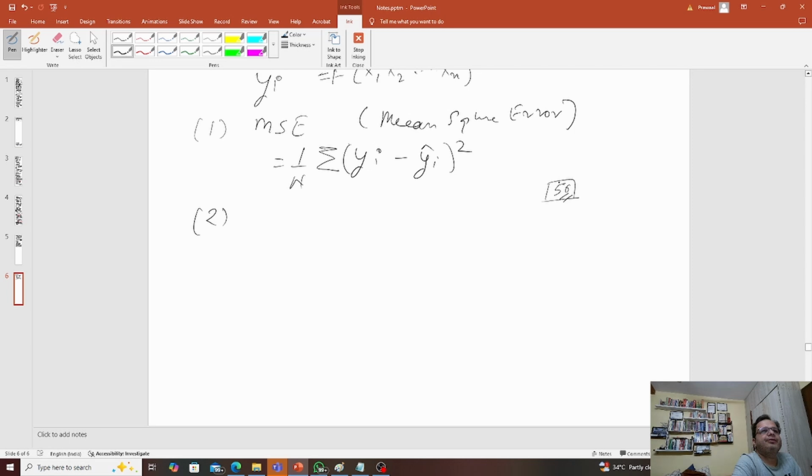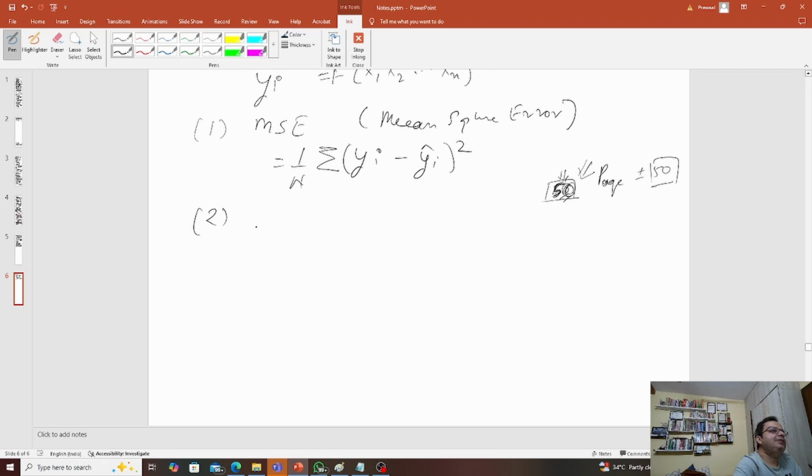You cannot physically interpret what 50 means, because 50 may look like a very big number, as if your predicted age is plus or minus 50 of your actuals, which is actually not the case, since it is a squared thing. So things become difficult to interpret.